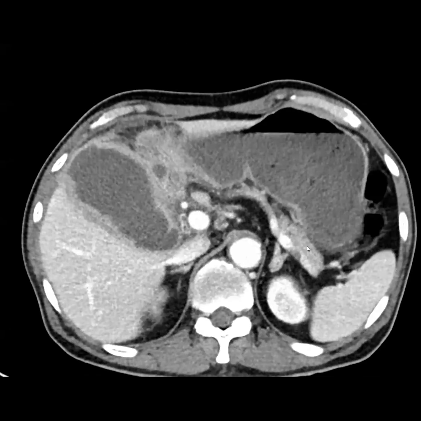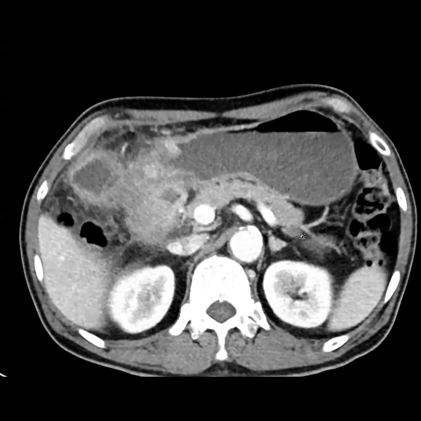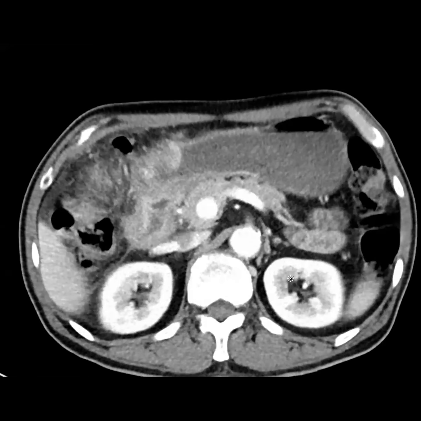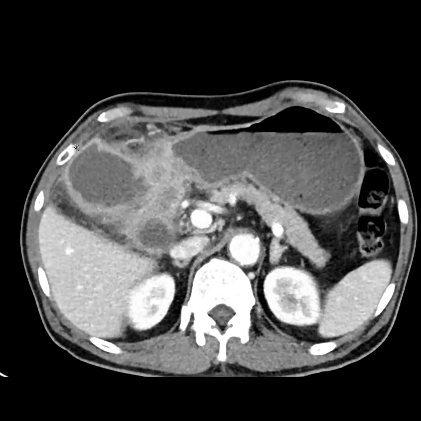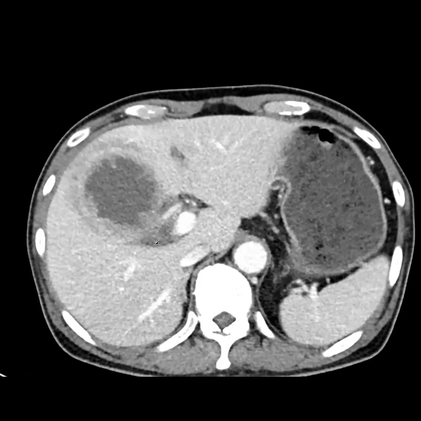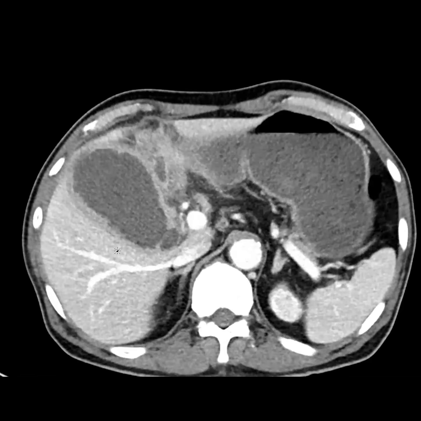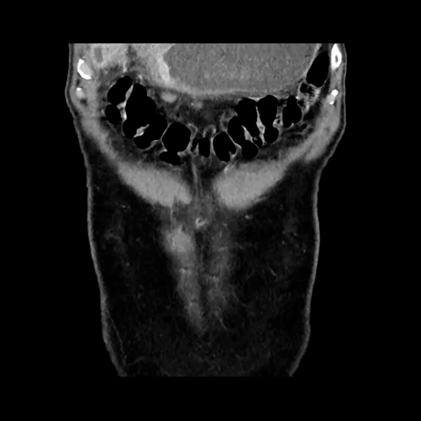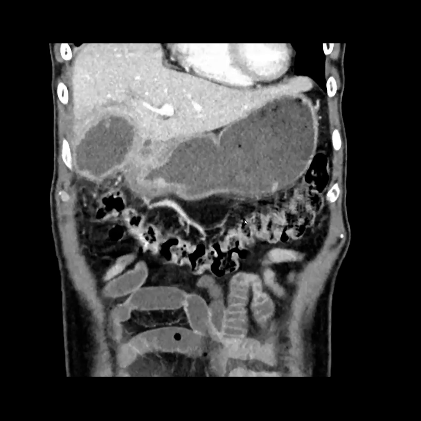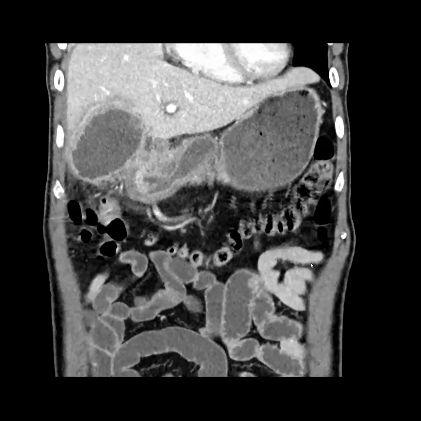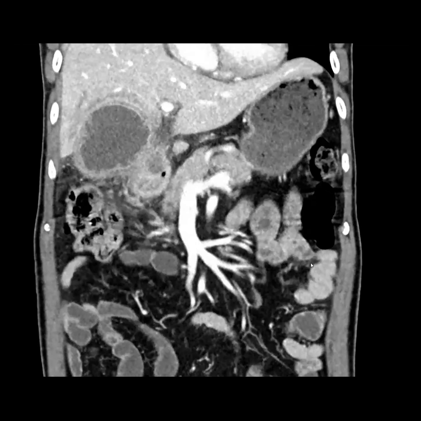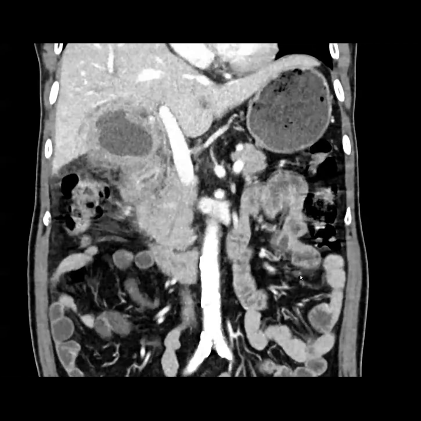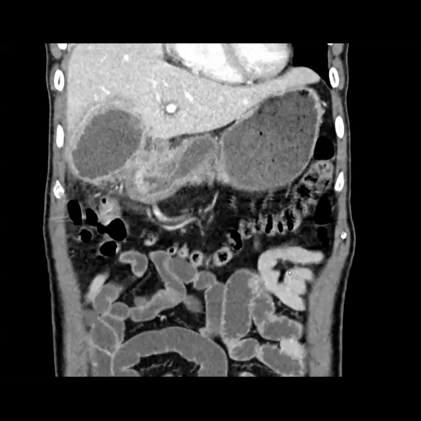Okay, so this patient presented with right upper quadrant pain. I'm going to show you the coronal as well. Obviously, there's something going on here. This is what the gallbladder looks like. I'll show you the coronal. So what do you guys think is going on here?